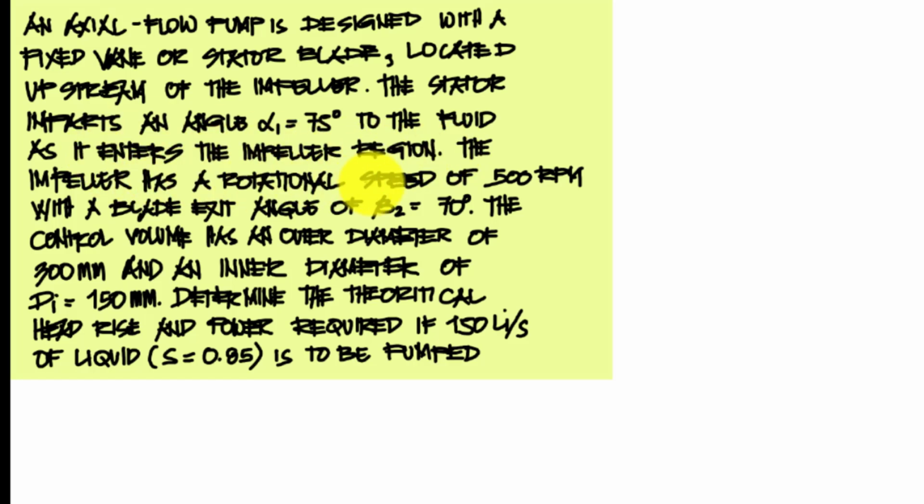The impeller has a rotation speed of 500 rpm with a blade exit angle of 70 degrees. The control volume has an outer diameter of 300 mm and an inner diameter of 150 mm. Determine the theoretical head rise and the power required if 150 liters per second of liquid with a specific gravity of 0.85 is to be pumped.